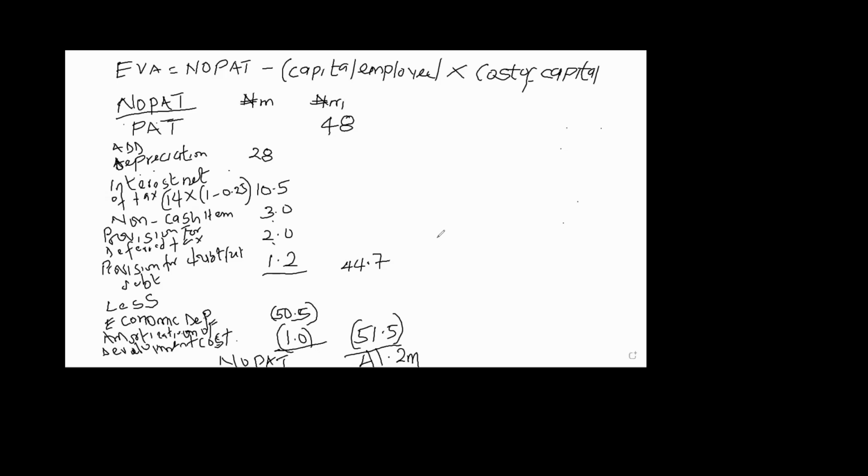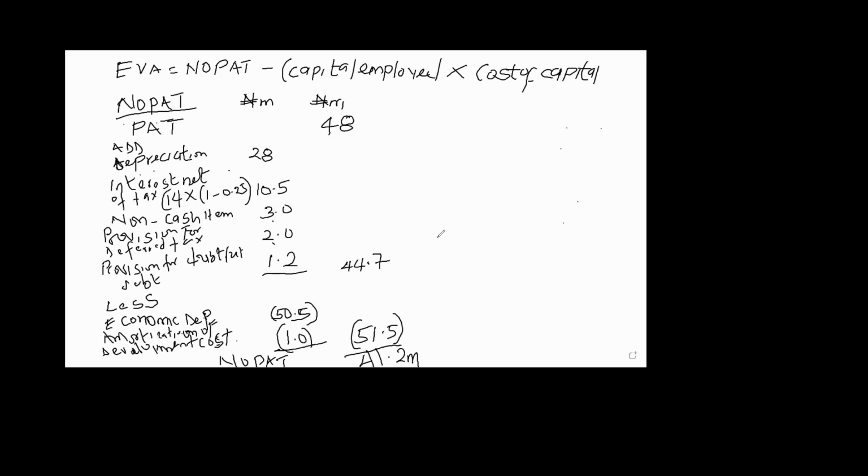Yes, sir. Now look at what happened here. The implication of this note 4 is that there's an existing provision for doubtful debt before. It was now increased. By how much? If you compare 2.5 minus 1.2, it was increased by 1.3.